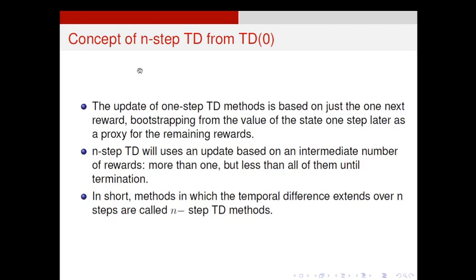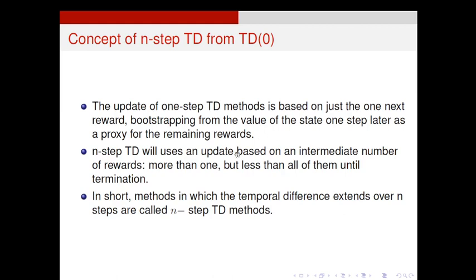This update of one-step TD methods is based on just the one-step reward, bootstrapping from the value of the state one step later as a proxy for the remaining rewards. That means we calculate the existing state value using its immediate return, that is a reward, and the bootstrapped return at the next later state, usually denoted by v of s dash or v of s t plus 1.